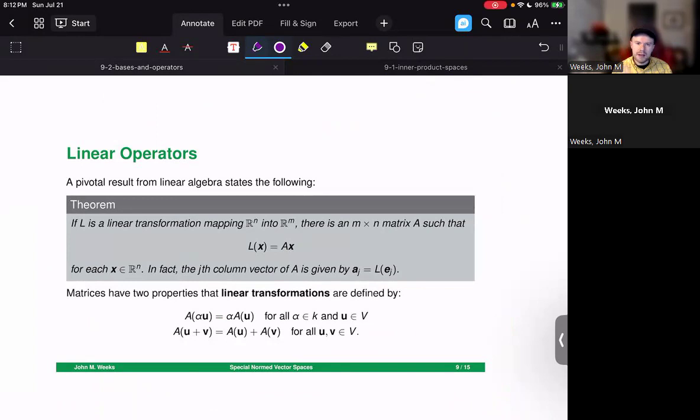Rn and Rm, Cn and Cm, whatever field you're working in to the power of n, those are the canonical examples of finite dimensional vector spaces. In fact, up to vector space isomorphism, they are the only ones. The only finite dimensional vector spaces when we're looking at fields like R or C are going to be of the form R to the n or C to the n.